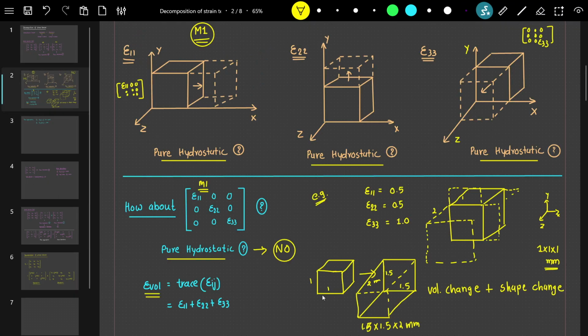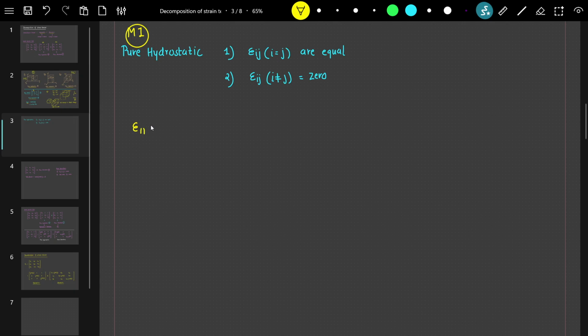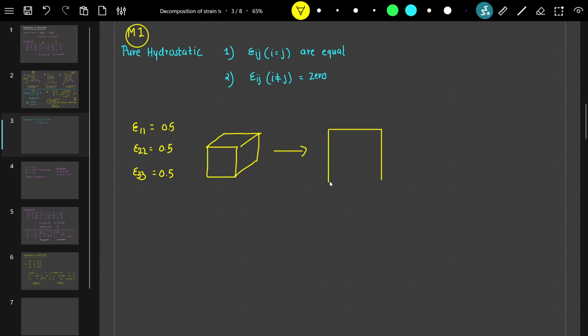If we take the same example here, now let's take epsilon 1 1 as 1.5, epsilon 2 2 as 0.5, and epsilon 3 3 as also 0.5. So earlier the undeformed shape was a 1 by 1 by 1 cube, and this will become 1.5 by 1.5 by 1.5.